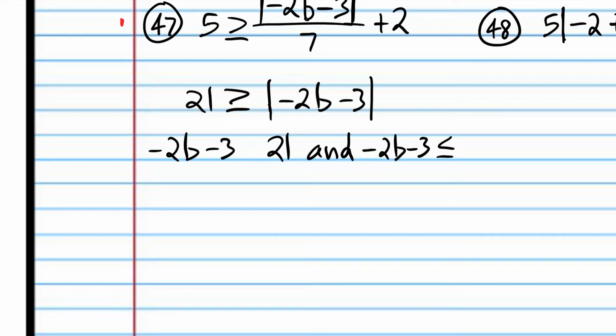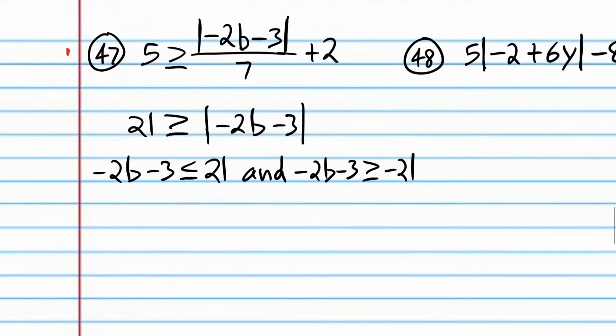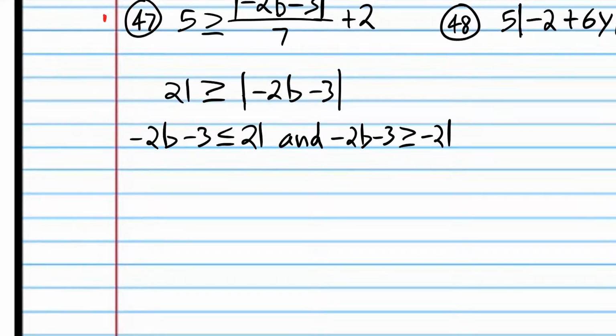That should be less than or equal to 21, and this should be greater than or equal to negative 21. So let me just make sure that's right. Everything looks right. So now what we do is we just carry down this and we just solve these inequalities, and that'll give us the algebraic solution.